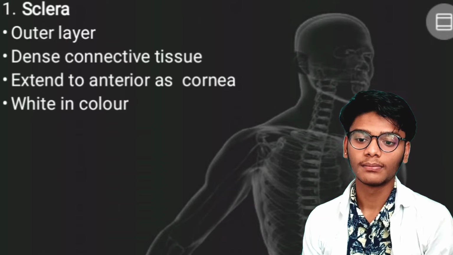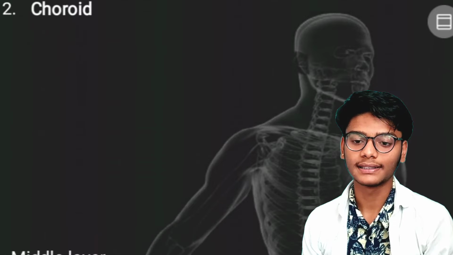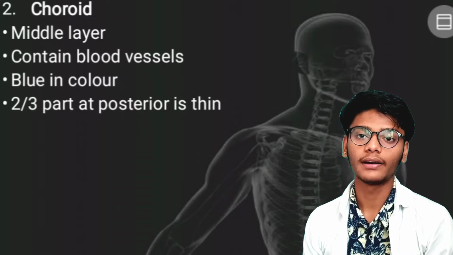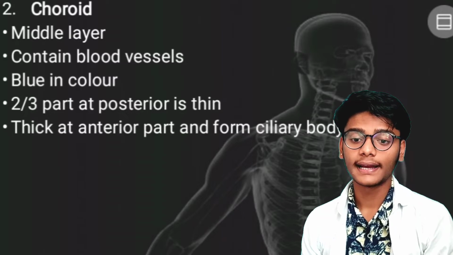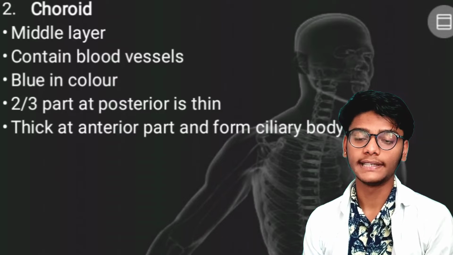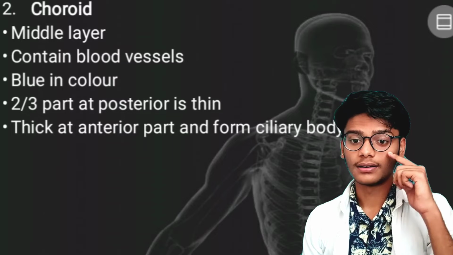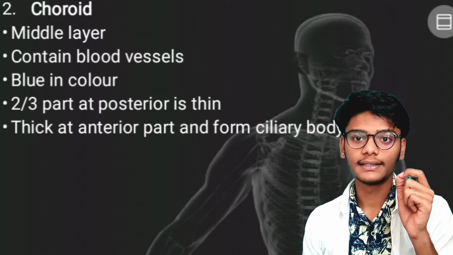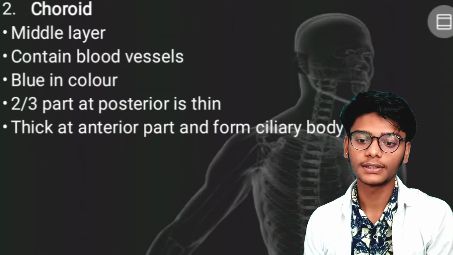The two-third part at the backside is thin and it is thick at the anterior part and forms the ciliary body.